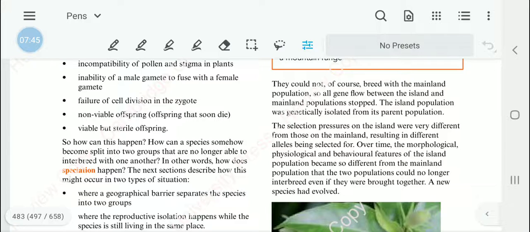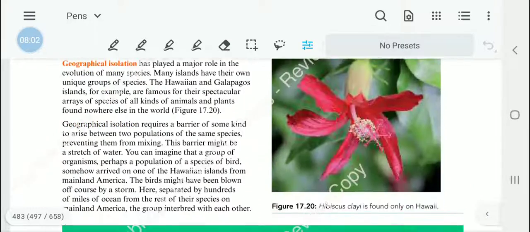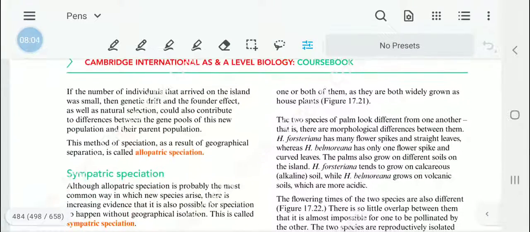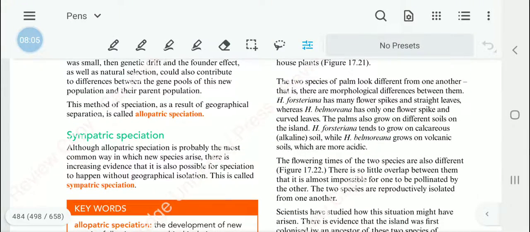So the morphological, physiological and behavioral features of the island population will become different from the mainland population. Because of this change in the gene pool, they are no longer able to interbreed with the mainland population, even if they are put together. So now a new species has evolved. This is a result of geographical separation. If a new species develops this way, we call that allopatric speciation.